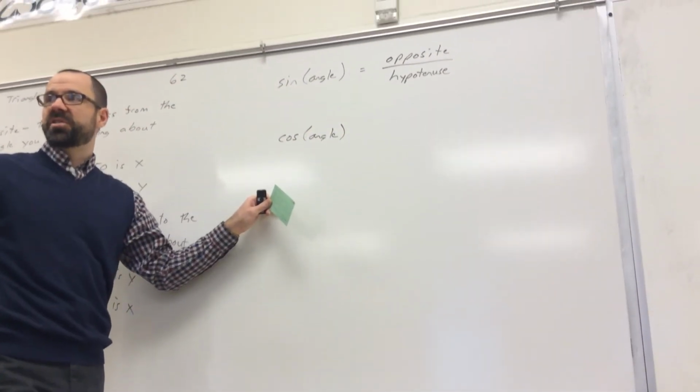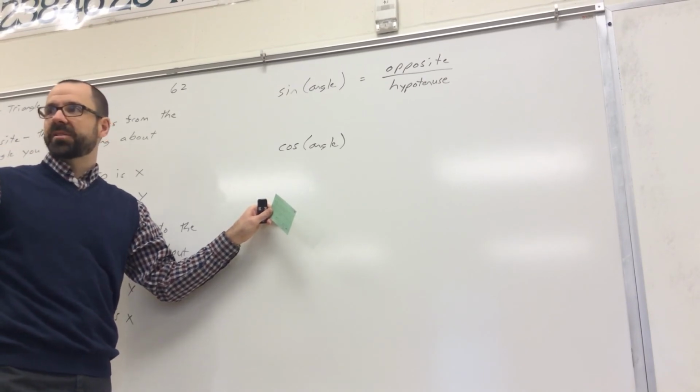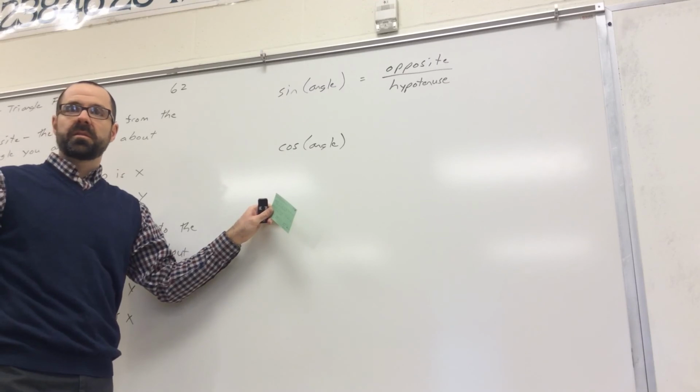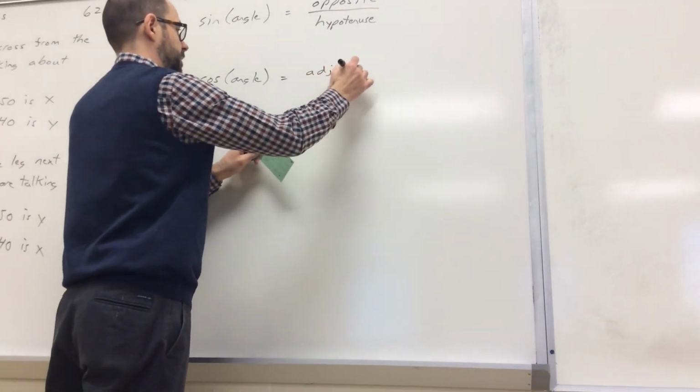Okay, then there's another fraction called cosine. It's spelled C-O-S-I-N-E, but we abbreviate it COS. So this is the cosine. And the cosine is adjacent over hypotenuse.